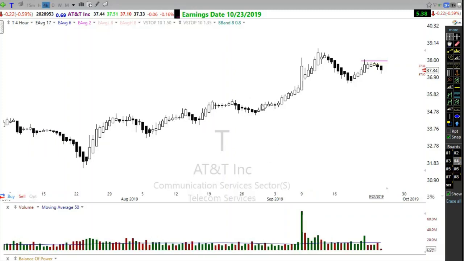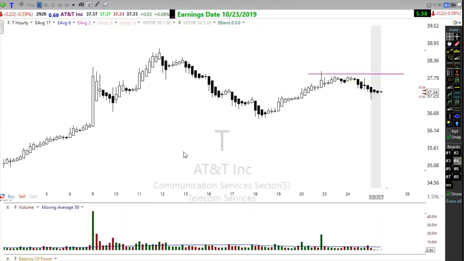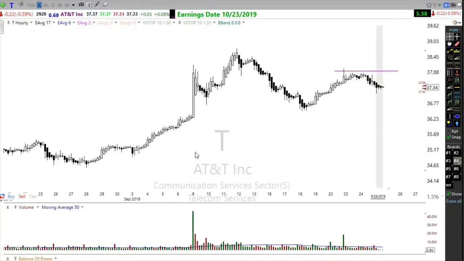Now keep in mind that the Heikin Ashi candle on a 4-hour chart is averaging two 4-hour time periods. If you use an hourly chart, it's going to be the same thing and it's going to average two 1-hour time periods to get that smoothing effect in the chart.